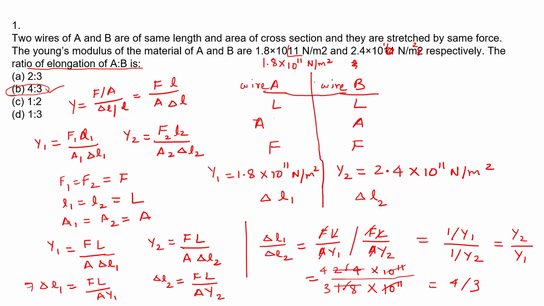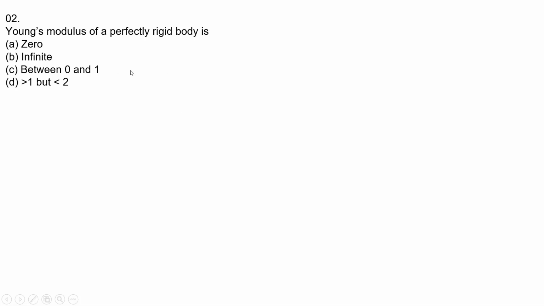Now the next question is this. Young's modulus of a perfectly rigid body is what? So what we have been asked here is a perfectly rigid body. What is a rigid body? A rigid body is a body which is so rigid that it is difficult to deform. Like a rubber is not rigid because we can easily deform it, whereas if we have a stone, we cannot deform it with the usual force.